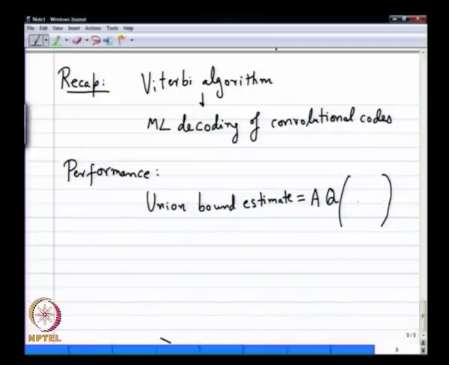So this will be a function of the shortest distance between two code words. So let me write that down here. What comes here is something that depends on the shortest Euclidean distance, right?